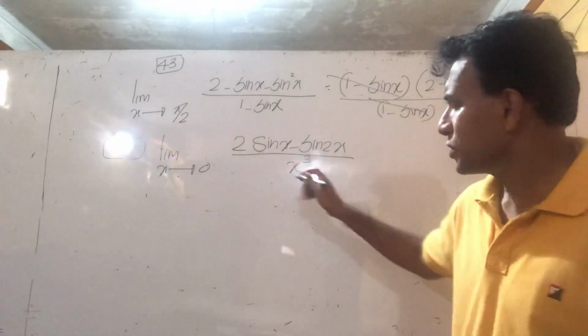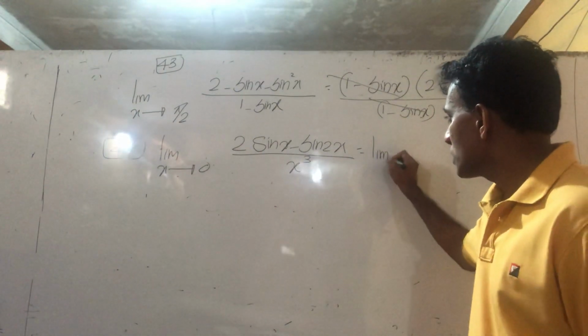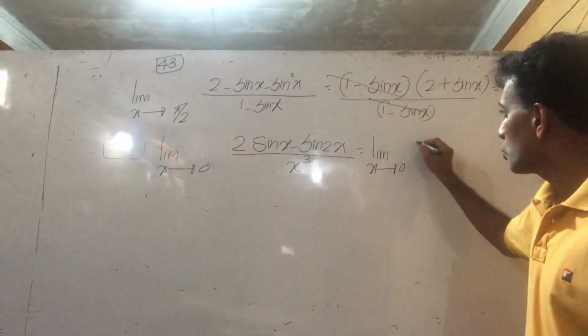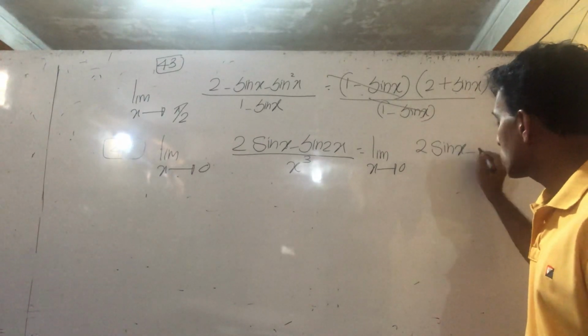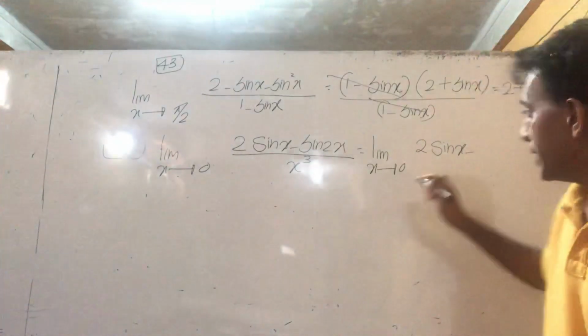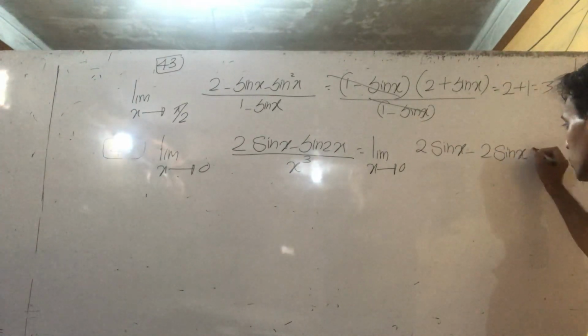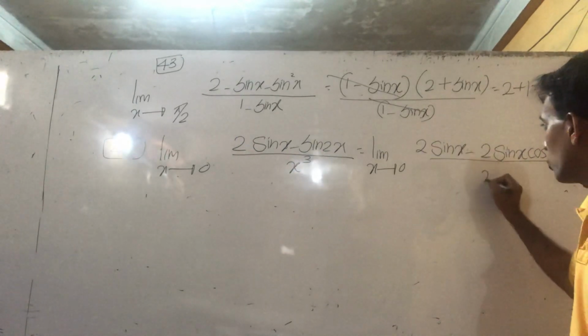So take that out and simplify. Limit as x approaches 0 of (2 sin x minus 2 sin x cos x) over x³.